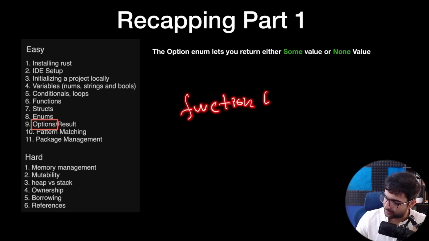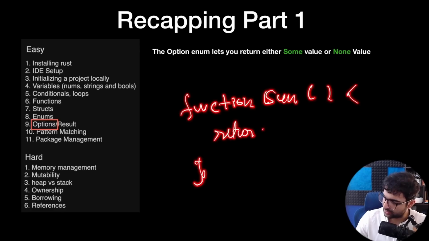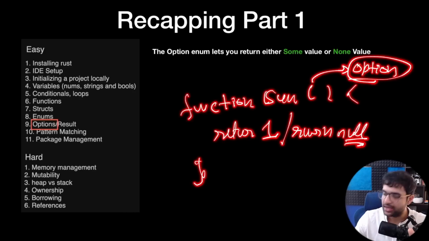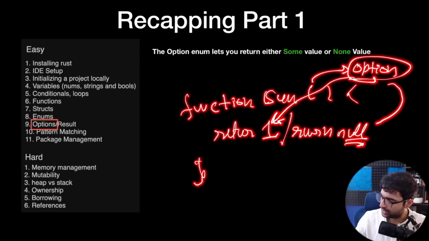Let's say there's a function called sum that can either return a number, something like 1, or it can return something like null. Then what this function should return is an option. What does an option mean? It can either be some value, like 1, or it can be none value, no value.